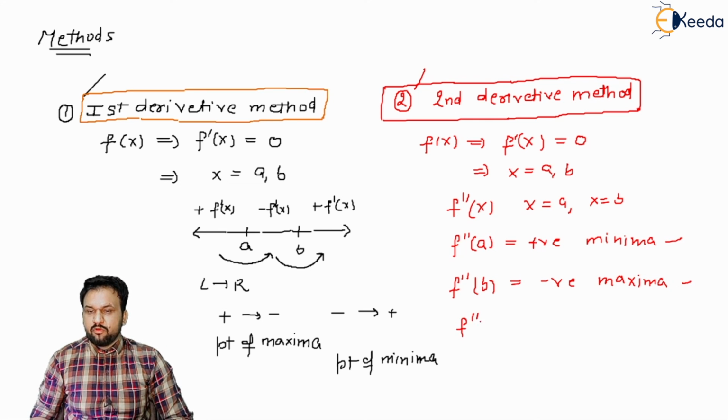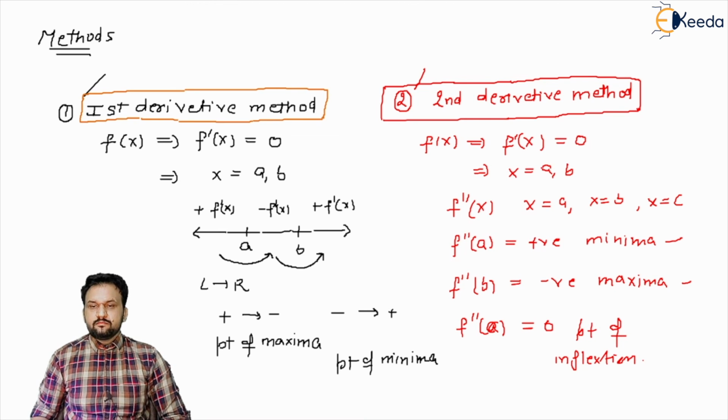And if you get f''(x) equal to 0 at some point, say at point c, then you can say it is neither minima nor maxima, so it is a point of inflection, or a saddle point.